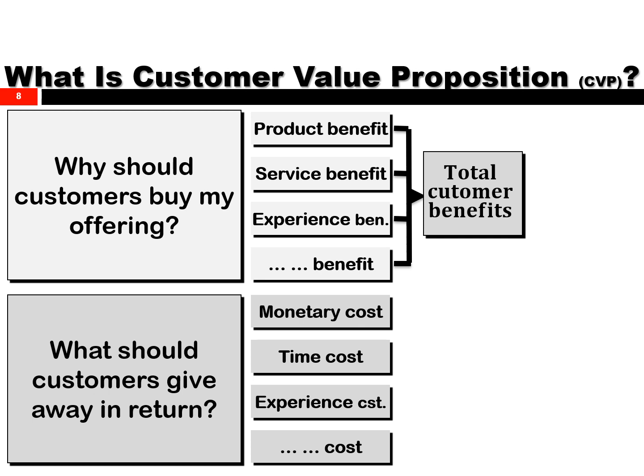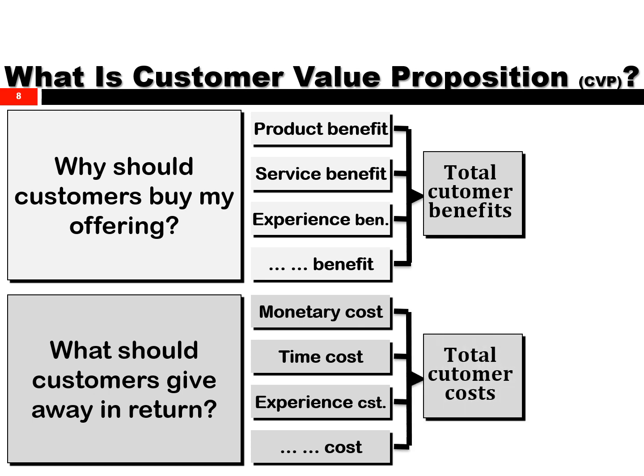For going to a restaurant, you pay the restaurant, but also you should go there. The traffic jam could be a cost for you. The waiting line could be a cost for you. If the servers are not polite, that could be a cost for you. If you sum up all of them, you have total customer costs.